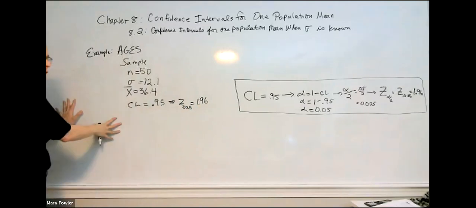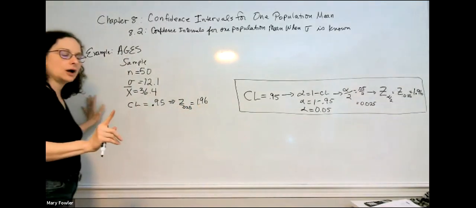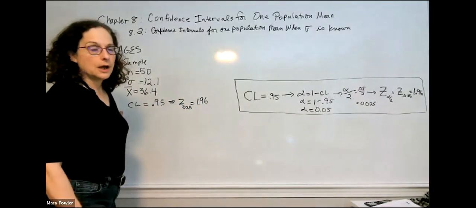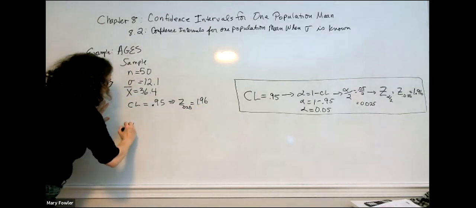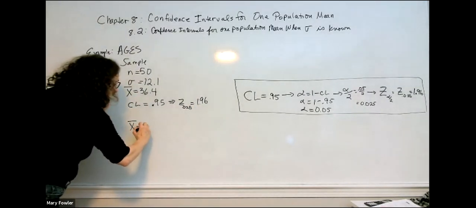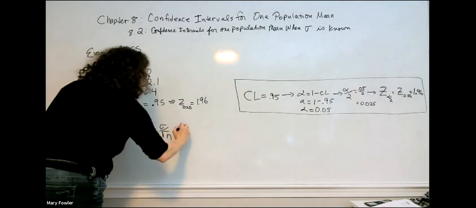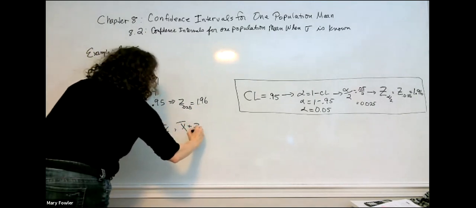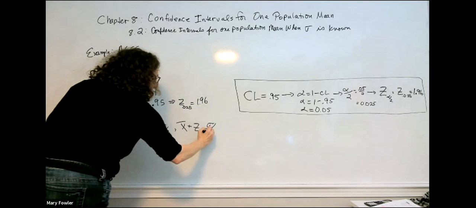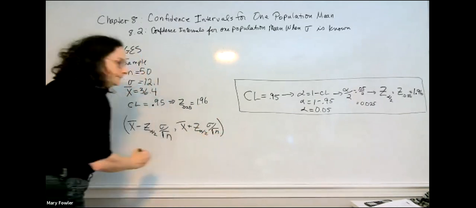All right, so let's go ahead and use the formula for the confidence interval: x bar minus z sub alpha over 2 times sigma over the square root of n. That's the lower bound. And the upper bound is x bar plus z sub alpha over 2 times sigma over the square root of n.